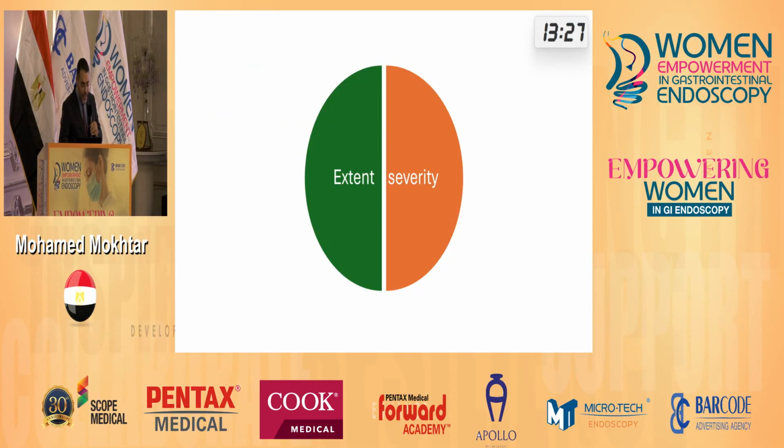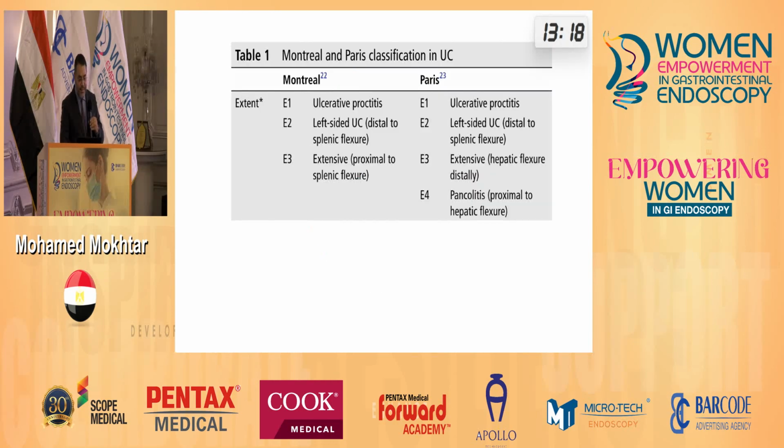What about ulcerative colitis and its endoscopic classification? It is mainly concerned with the extent and the severity. To describe the extent of lesions of ulcerative colitis, you may use the Montreal or Paris classification. E1 means ulcerative proctitis.